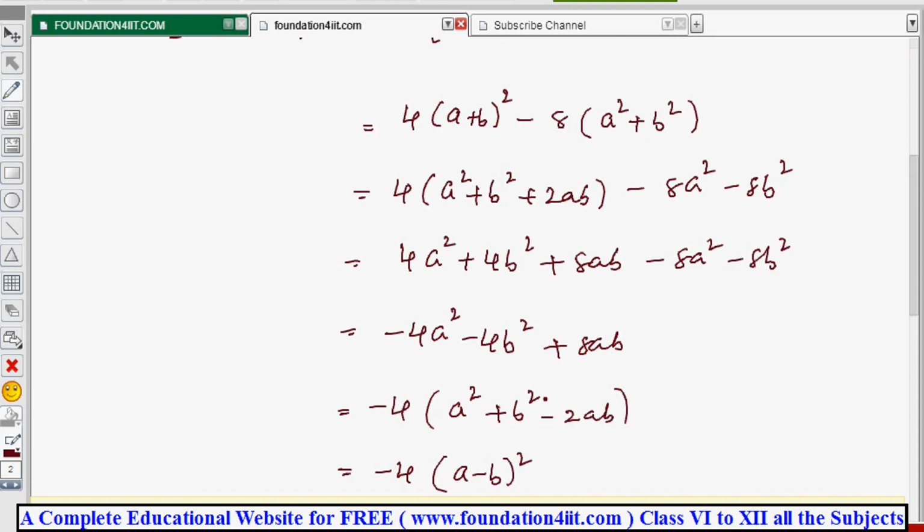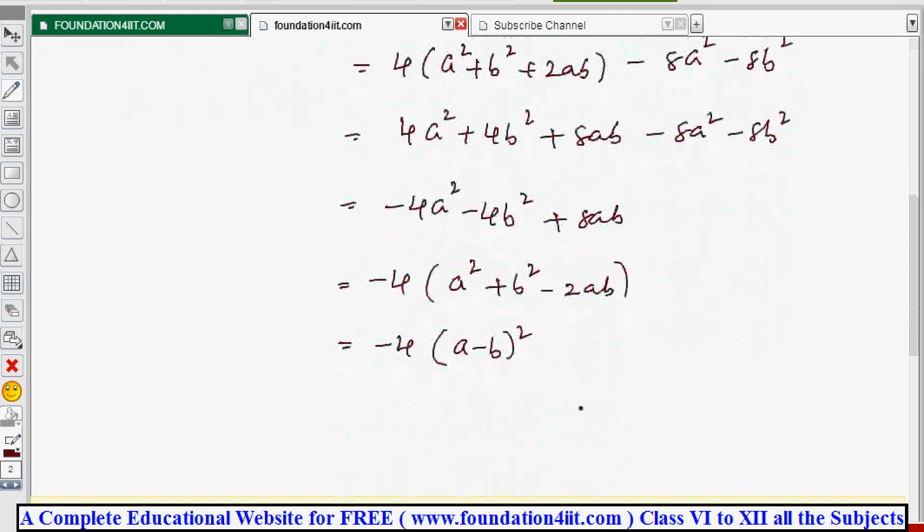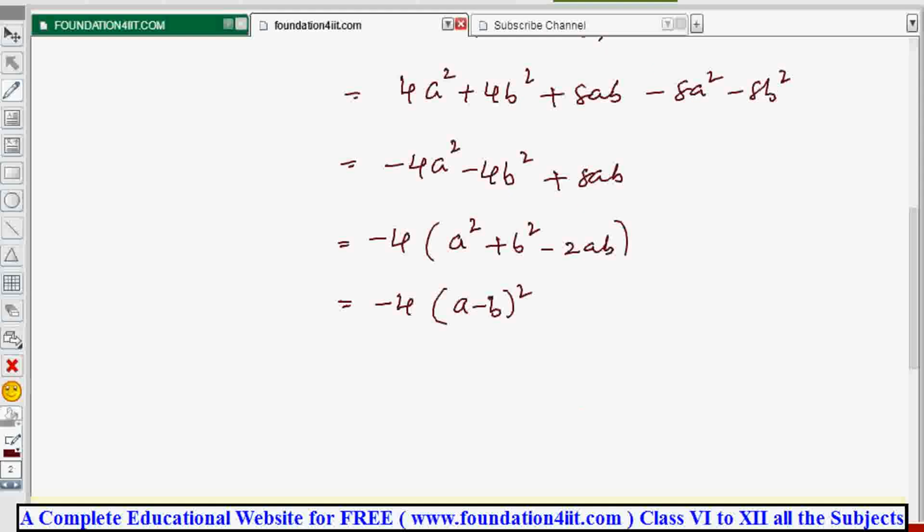Now observe this value. Anyhow, whether a − b is negative or positive, because of the whole square, this total is positive. Now positive into negative 4 automatically gives a negative value. That means this is less than 0. Because this is a whole square, it is positive, but positive into negative is again negative.